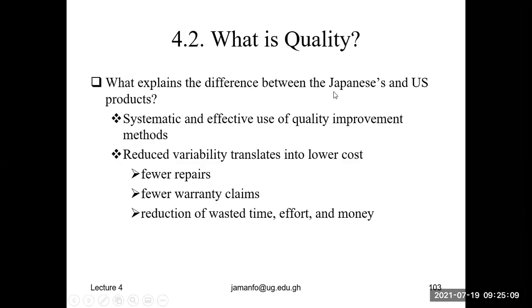So what explains the differences between Japanese and US products? Systematic and effective use of quality improvement methods. And let me say this here, once we are talking about Japanese products: today, almost everybody in this class would love a Japanese product.